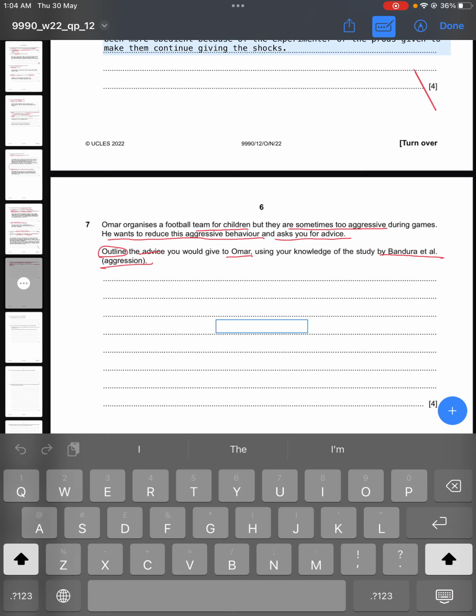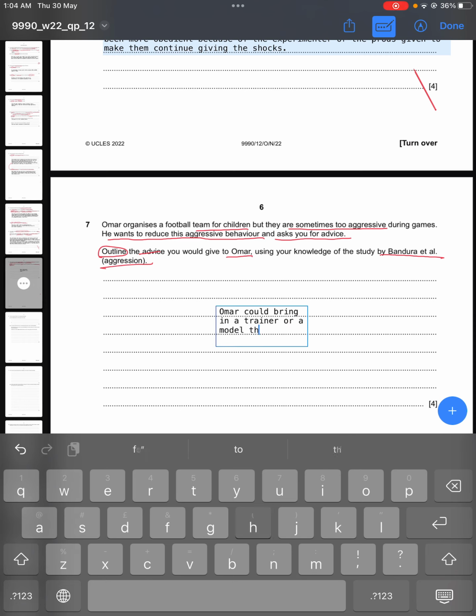over here. And you can write that what Umar could do is, just give any general suggestion you can and then link it with Bandura as a study. So Umar could bring in a trainer or a model that is non-aggressive.